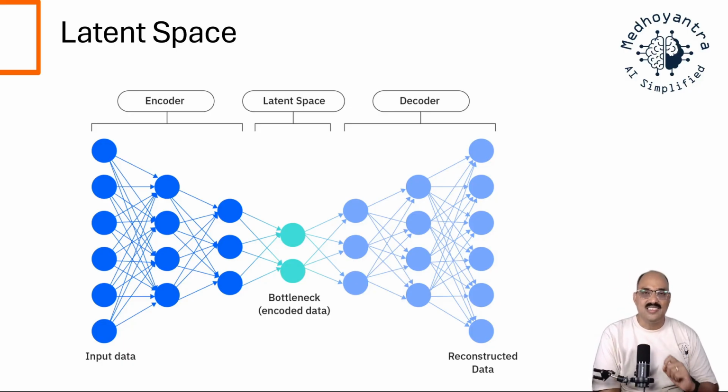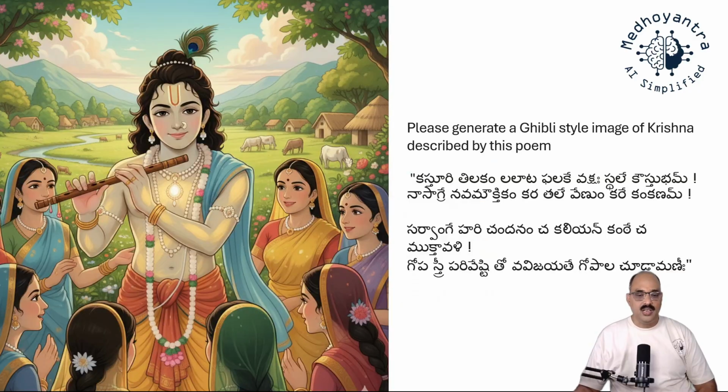Let us take an example and understand what a latent space is. This example I am bringing from a 1,000-year-old Sanskrit poet, from Krishna Karnamrtam. In this poetic story, he describes Krishna.